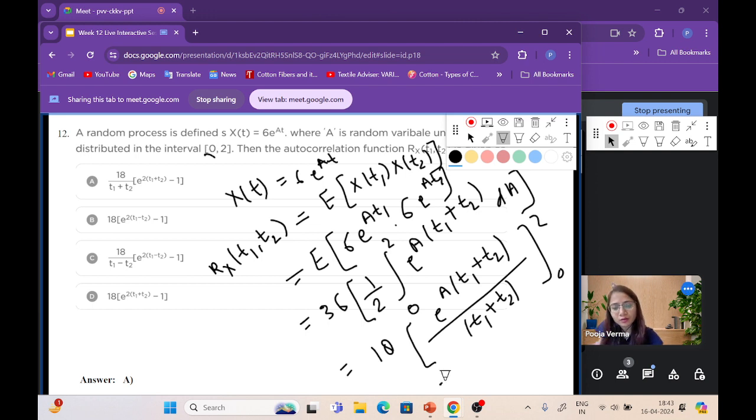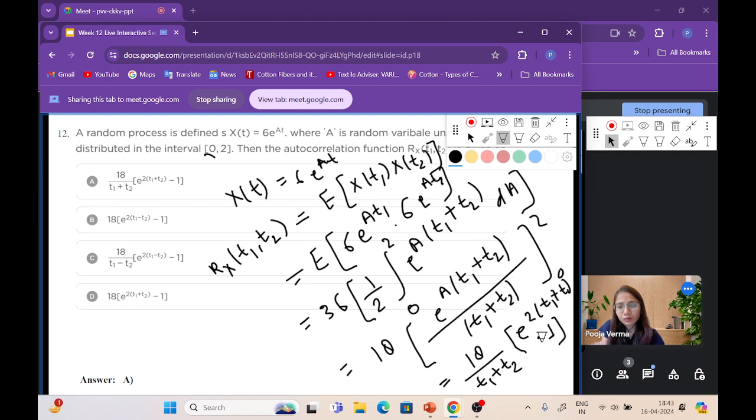Okay, so now 18 over t1 plus t2, and if we put in the place of A, we get e to the power 2(t1 plus t2), and if we put 0, then we get e to the power 0, which is 1.